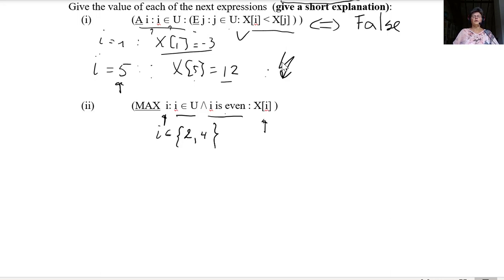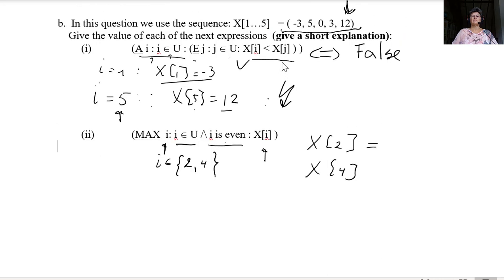The corresponding values in the sequence. So I have to look at x2 and at x4. Well, x2 is 5 and x4 is 3. Okay, and the max of these two values is 5. So the answer is 5, the maximum of value x2 and x4.